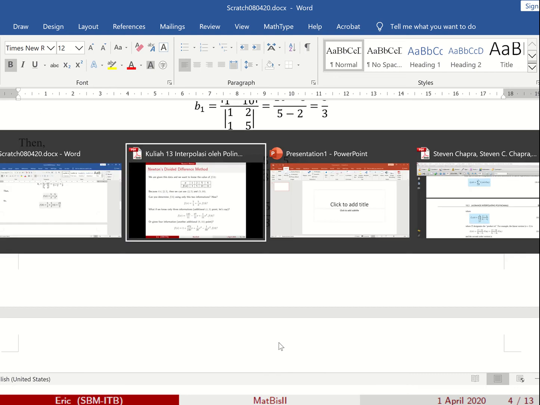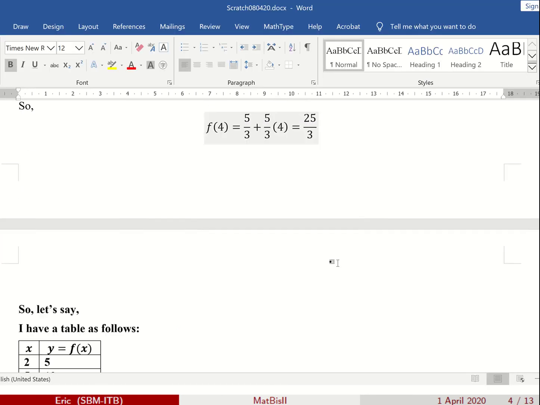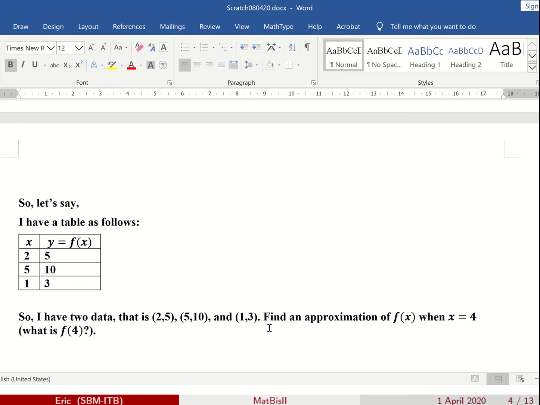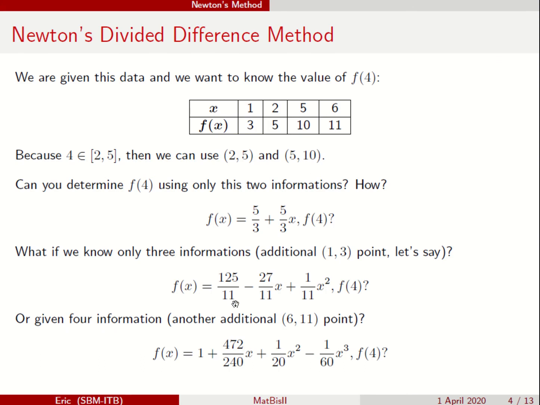And you can do the same for the third point, the additional 1, 3 data, the same as this. I can use f(x) equals this, and you can find b0, b1, b2, and you will end up with this.